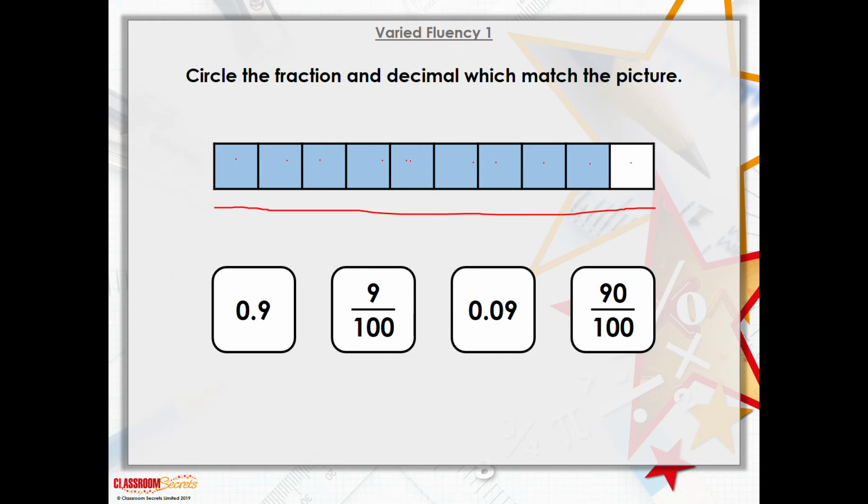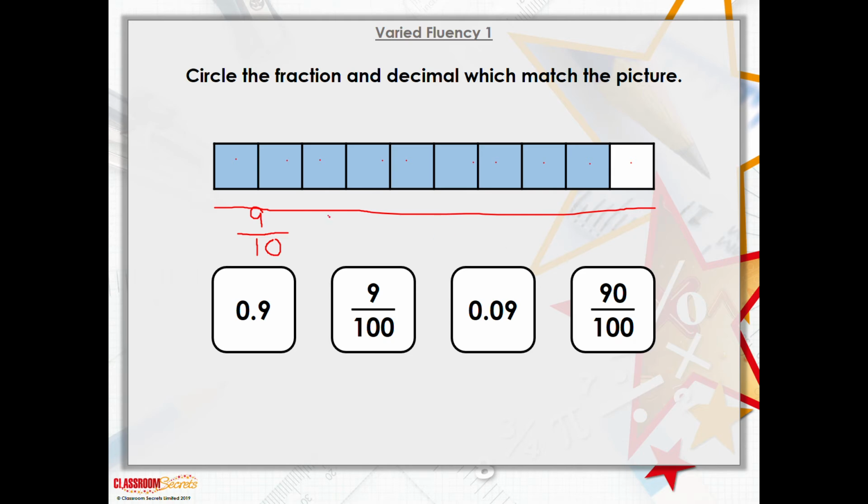So it's been split into tenths. How many tenths has been shaded? It is 9. So we have 9 tenths that's been shaded.